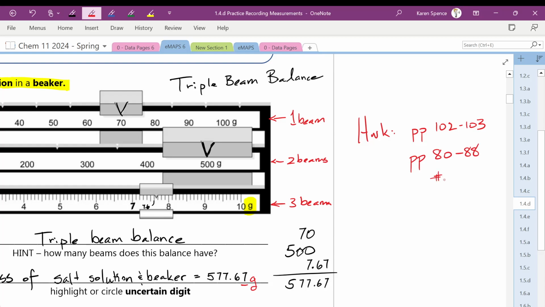Actually, no, let's do 1 to 17. 17, you'll have to think a little bit, okay? And if you can't get 17, we will go over it next day.